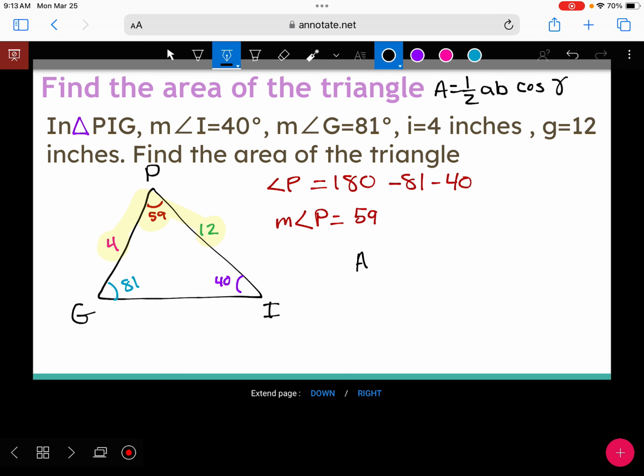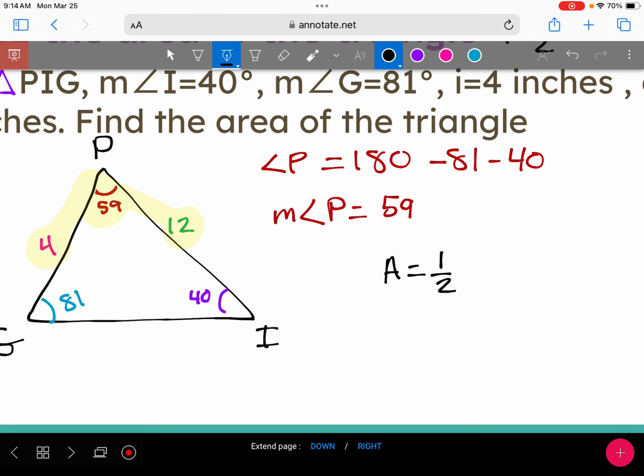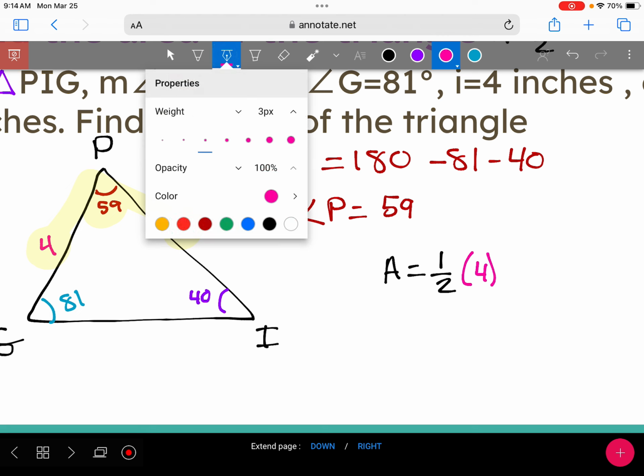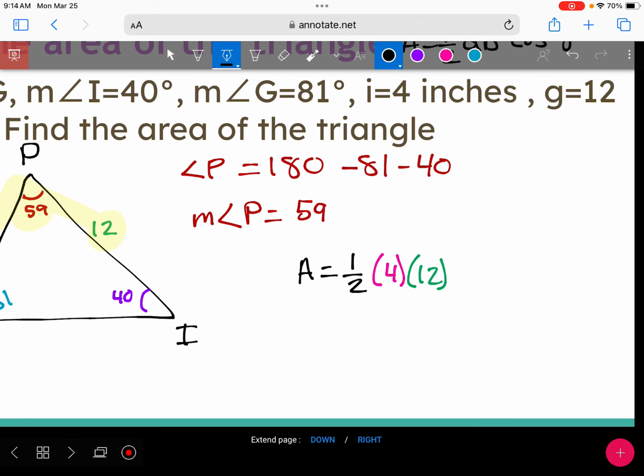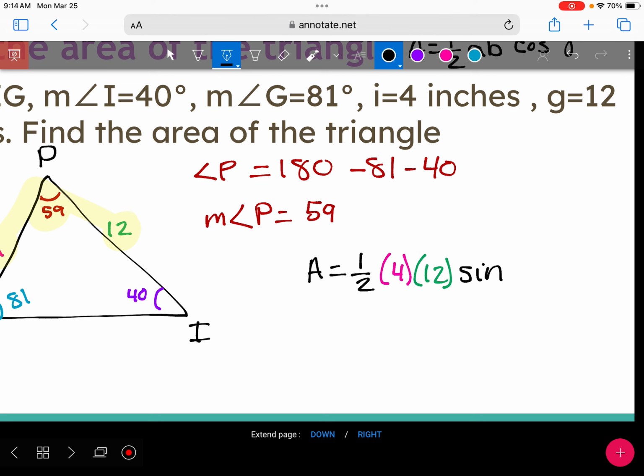Our area is going to be 1/2, one of the sides we know, which is 4, the other side we know, which is 12, and sine of the angle between them, which is 59.